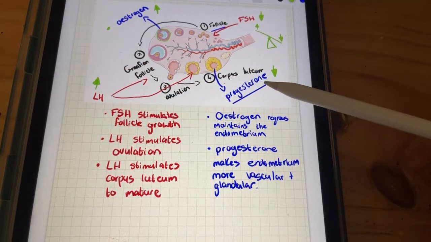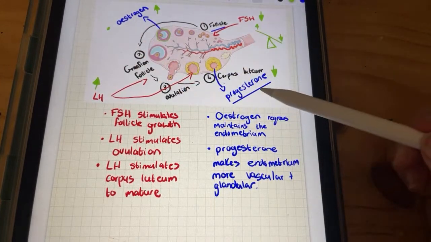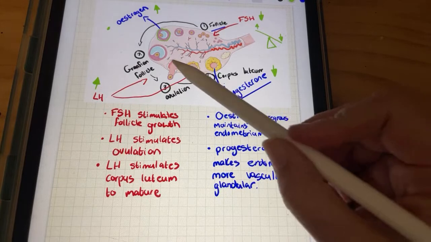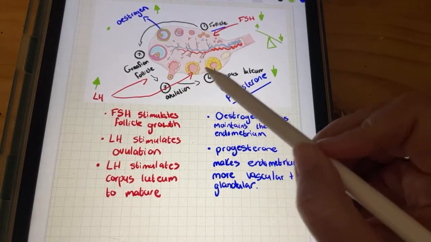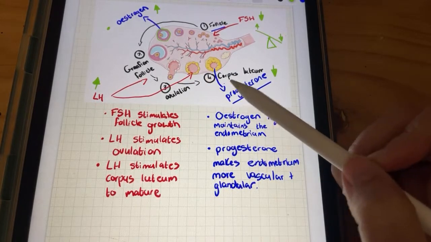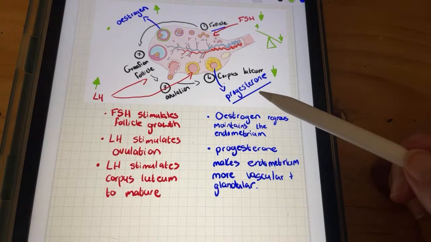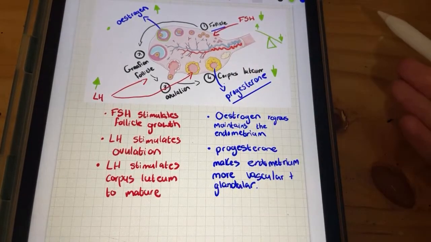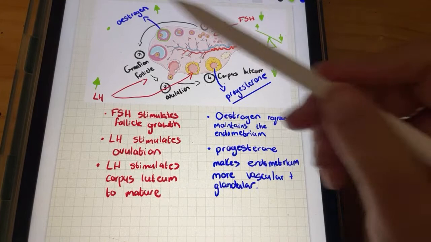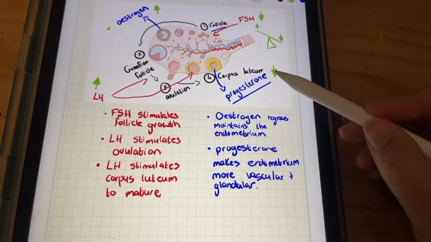Therefore, progesterone is low. Step 1. Step 2. Progesterone is low because if you are ovulating, you haven't made a corpus luteum yet. There is no corpus luteum to make progesterone. So that means the levels of progesterone are low until after ovulation. So when luteinizing hormone is high, progesterone is low.